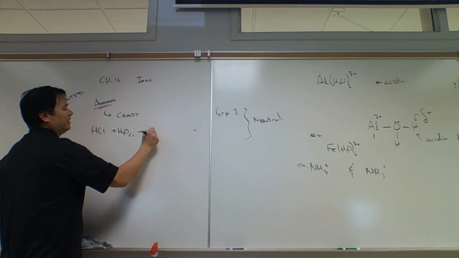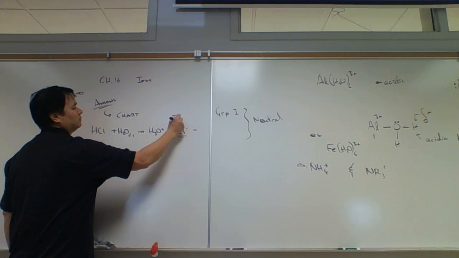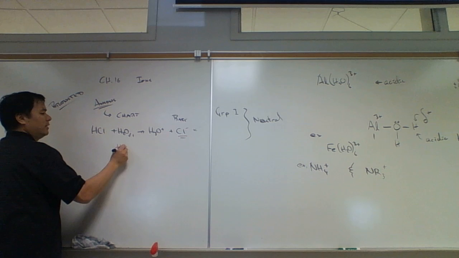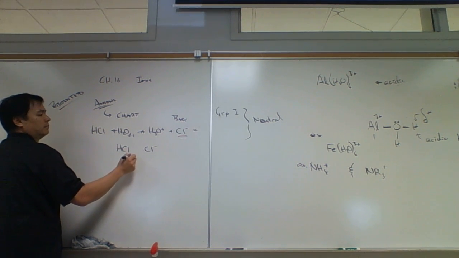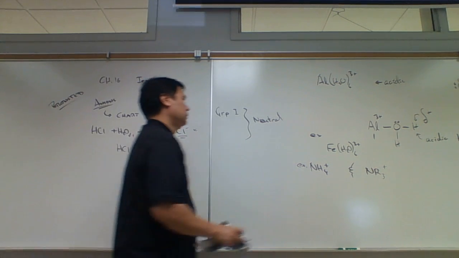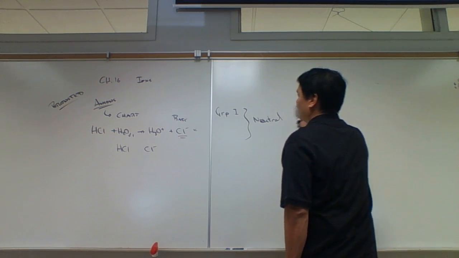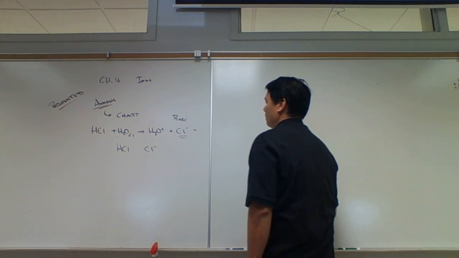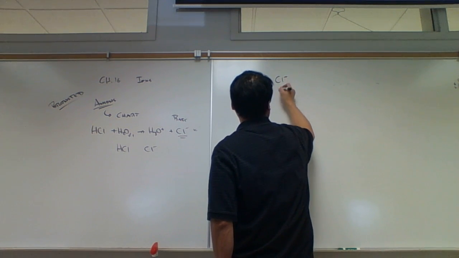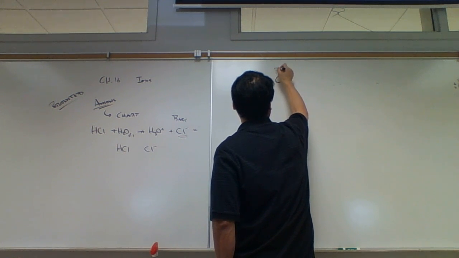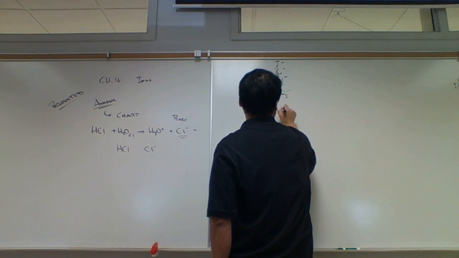So for example, the chart would list chloride as the base. And so we have HCl as the acid and chloride as the base. This is a conjugate pair. And so when we look at the chart, you have chloride, bromide, iodide, nitrate, HSO4 minus.